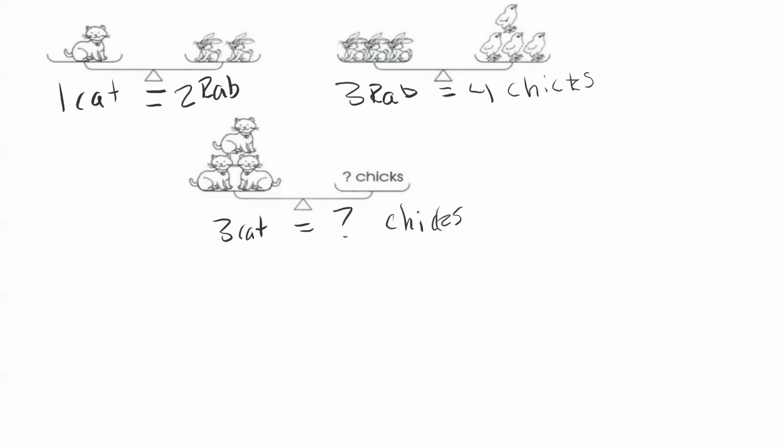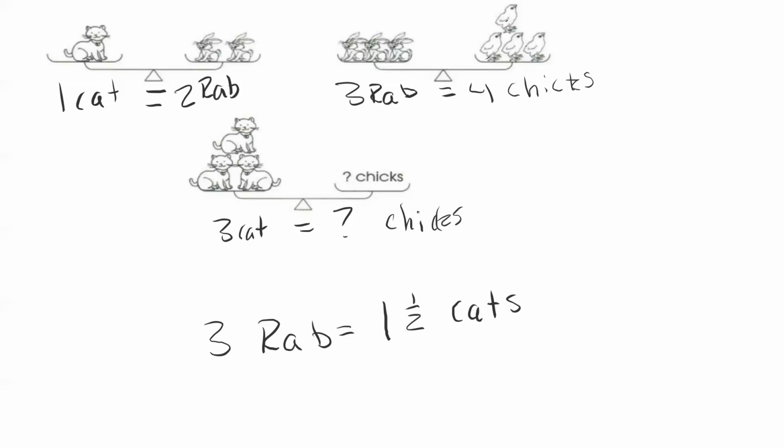Since one cat equals 2 rabbits, we can say that 3 rabbits is 1.5 cats, because 3 rabbits is 2 plus 1 rabbits, and we said 2 rabbits is 1 cat. So 1 rabbit is half a cat. So 3 rabbits equals 1.5 cats.